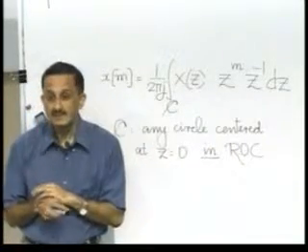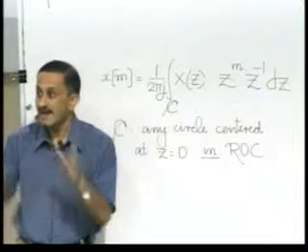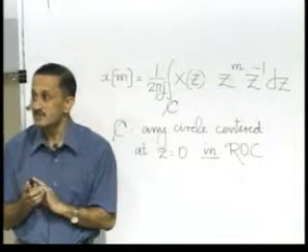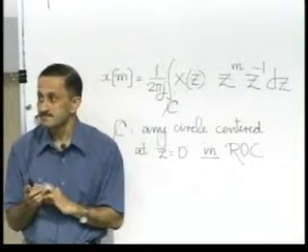So the radius must be strictly between R1 and R2, where R1 and R2 are the limits of the region of convergence.